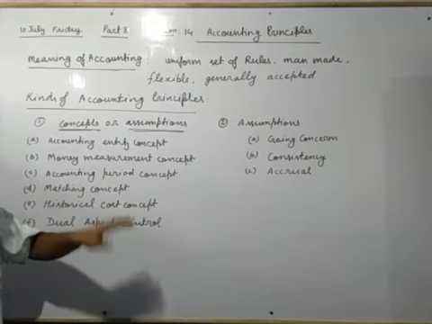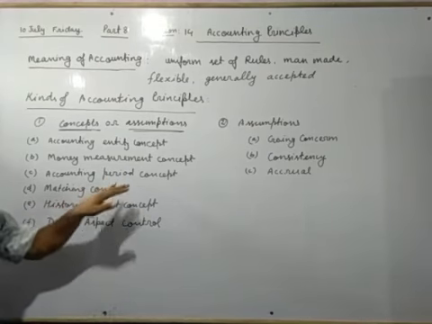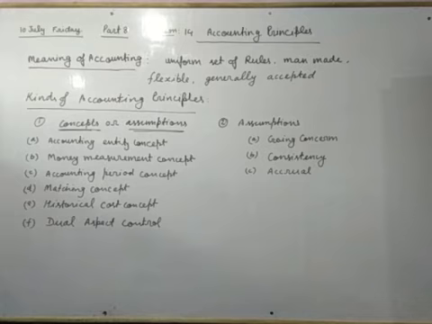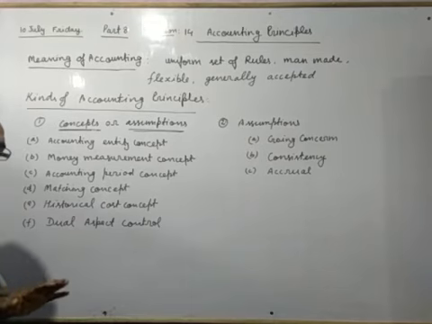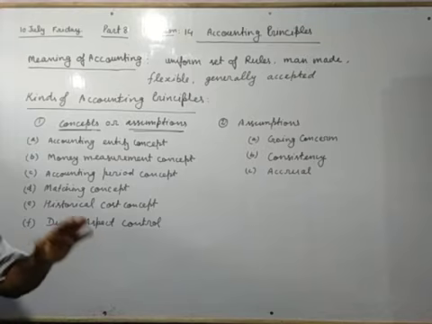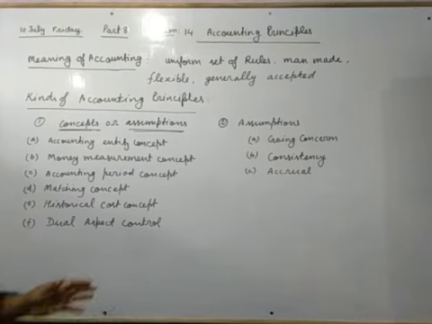Accounting period concept. According to this concept, from 1st April to 31st March is called the financial year, and all the accounts are closed on 31st March every year, whether they were opened on 1st April or any time during the year.